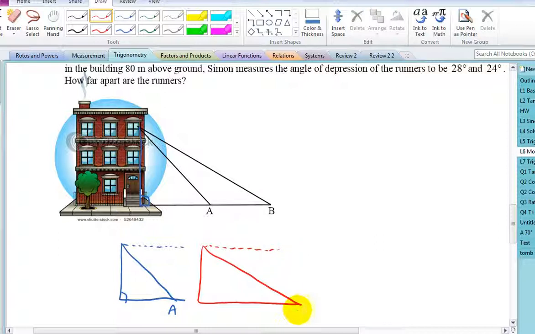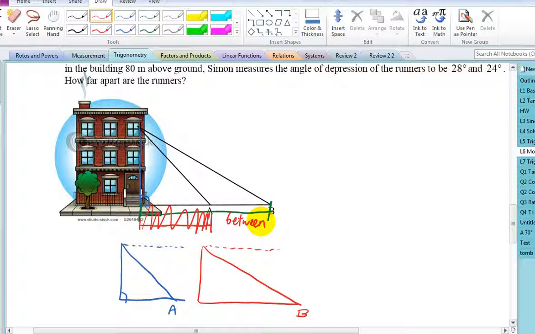So we want to know the distance between A and B. How we find that out is we find the entire distance for B and A when we subtract them. So there's B, there's A, and if we take this part away, we're left with the distance in between.